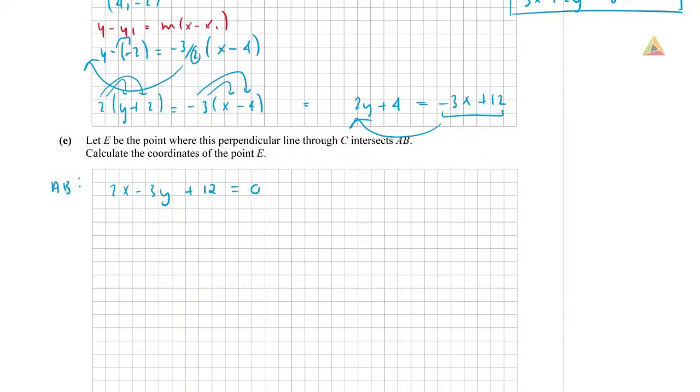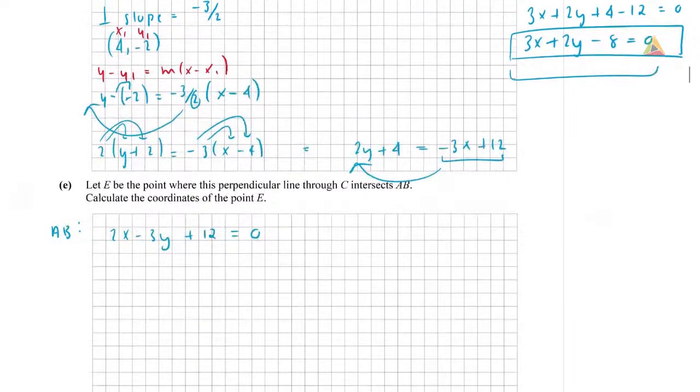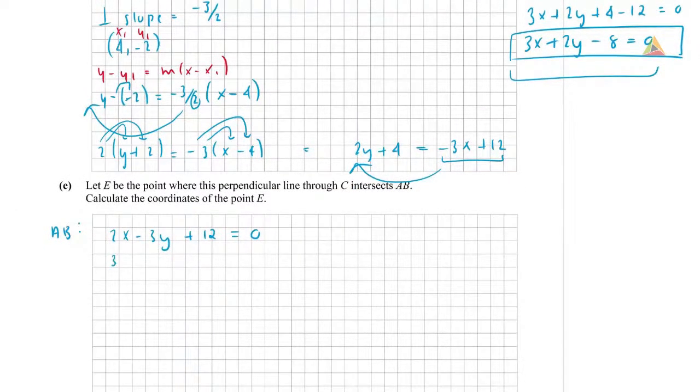And E is the point for this perpendicular line, which we got just above: 3x plus 2y minus 8 equals 0.